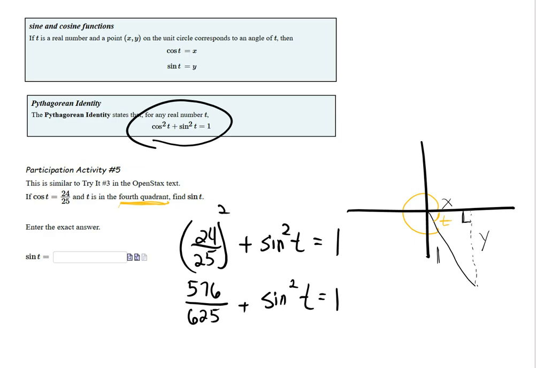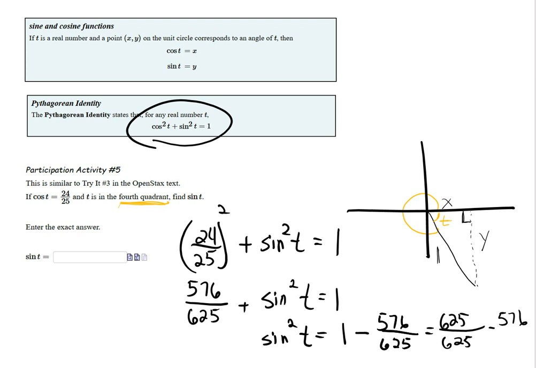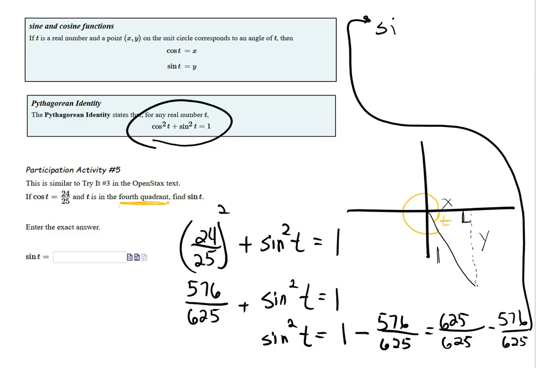I would subtract: sine squared of t equals 1 minus 576 over 625. Without a calculator, one whole would be 625 over 625 minus 576 over 625, getting a common denominator. So the sine squared of t equals 625 minus 576, which is 49. Oh, isn't that nice?